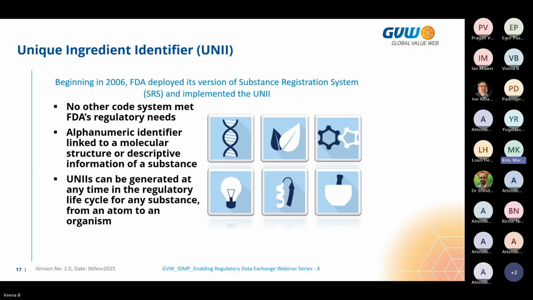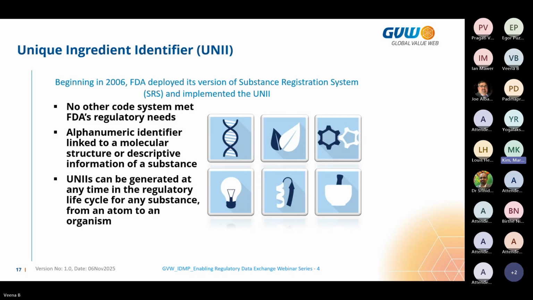And what's so unique is our unique ingredient identifier. US FDA is the only entity in the world that assigns this ID. Beginning in 2006, FDA deployed its version of the substance registration system and implemented it. No other code system met FDA's regulatory needs. It's an alphanumeric identifier linked to a molecular structure or descriptive information of a substance.